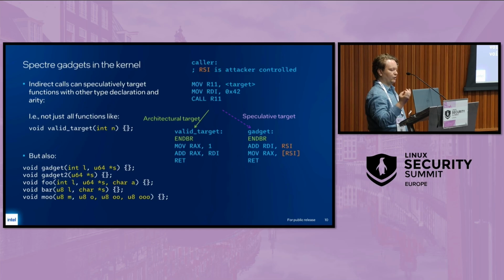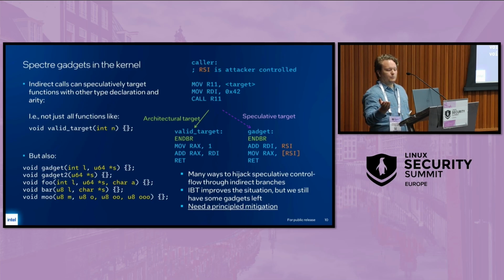But suppose the attacker controls two registers, and you speculatively execute one of these gadgets where the attacker has more control. It gives the attacker a lot more possible gadgets, right? So the key insight is that we want to limit the targets of indirect calls to a known valid type, so that it doesn't speculate to any arbitrary things that can do all kinds of weird things in the kernel.